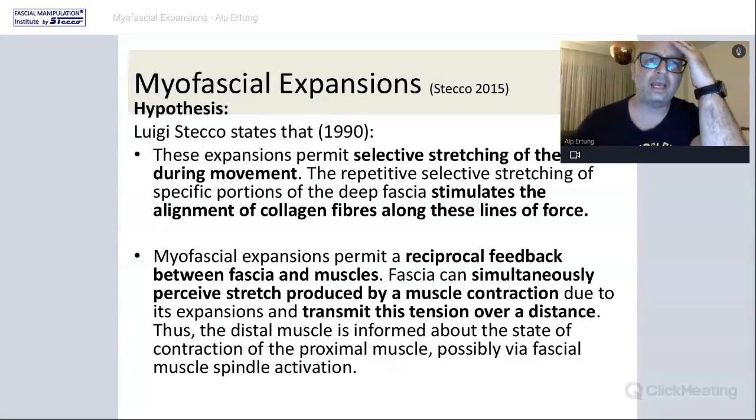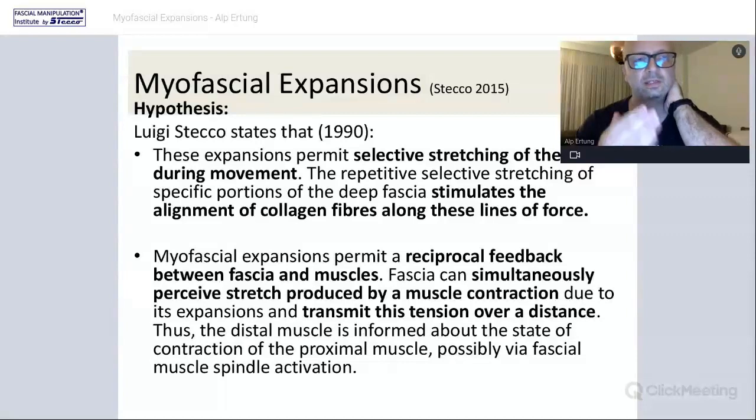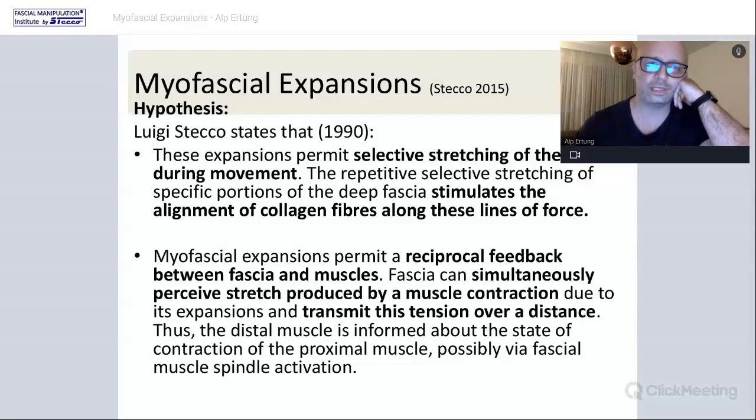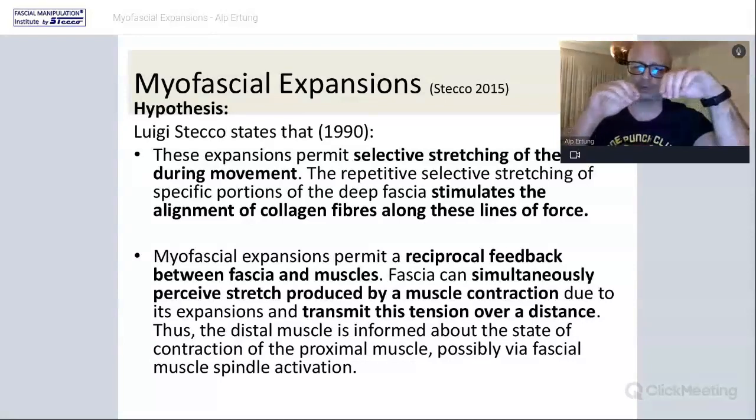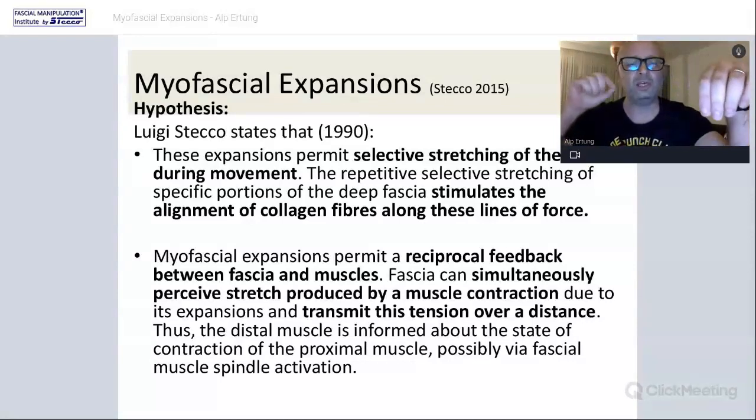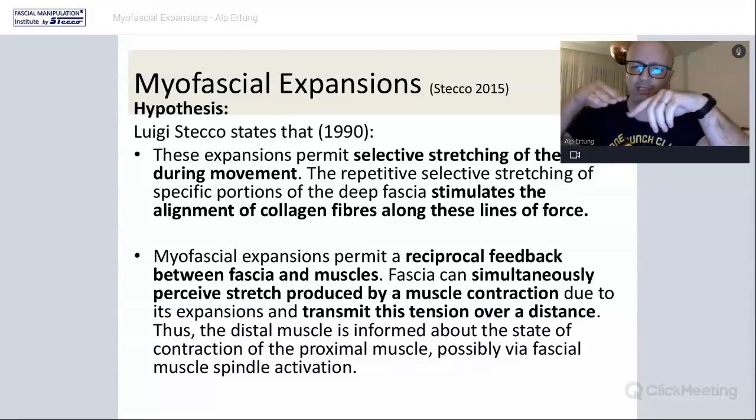About myofascial expansions, we have a lot of nice, strong hypotheses coming from Luigi Stecco and Antonio and Carla Stecco, from all their studies and clinical experiences. Luigi Stecco states that these expansions permit selective stretching of the fascia during movement because of the connection between the aponeurotic fascia and the epimysiums of the muscles underneath.